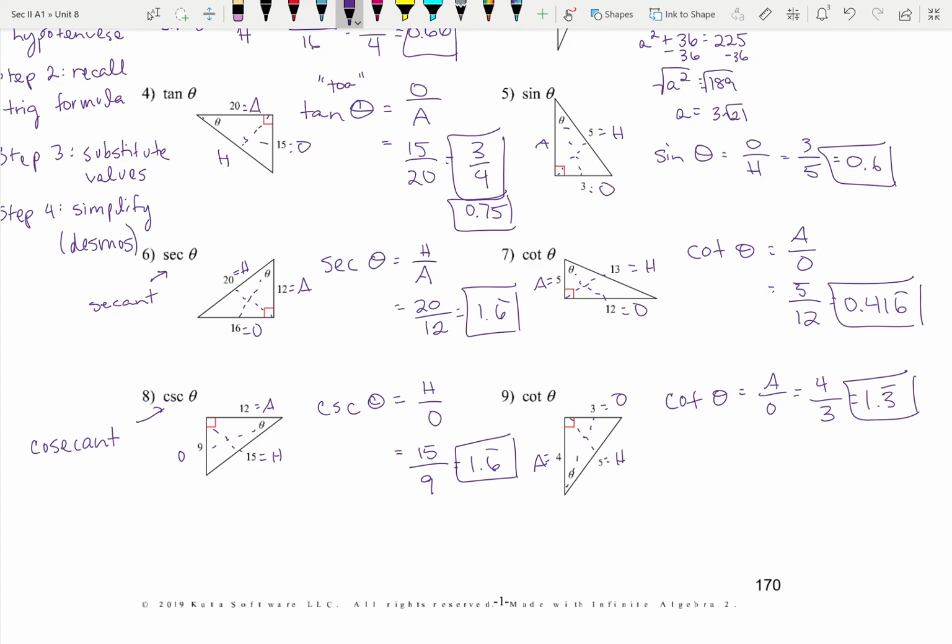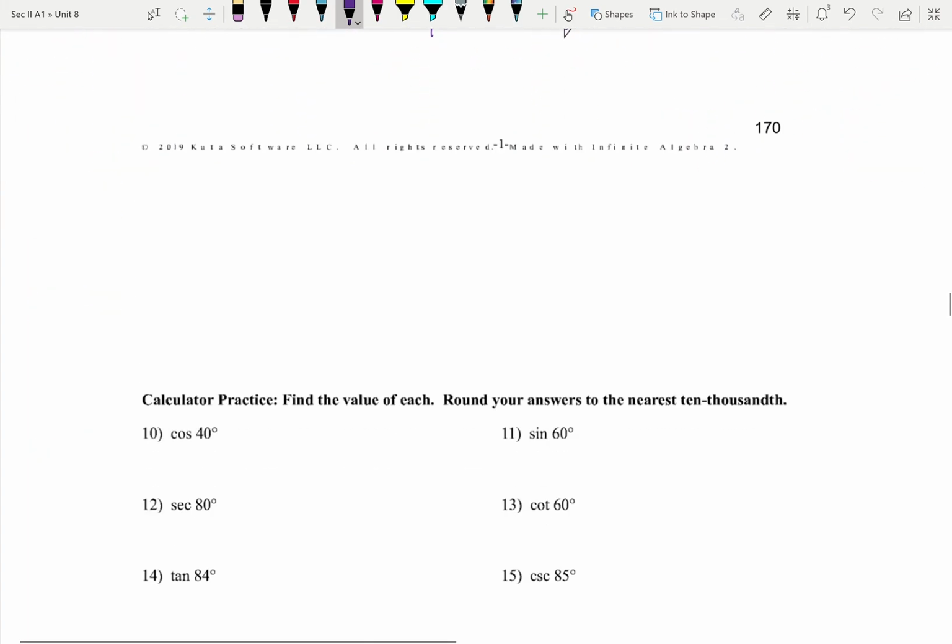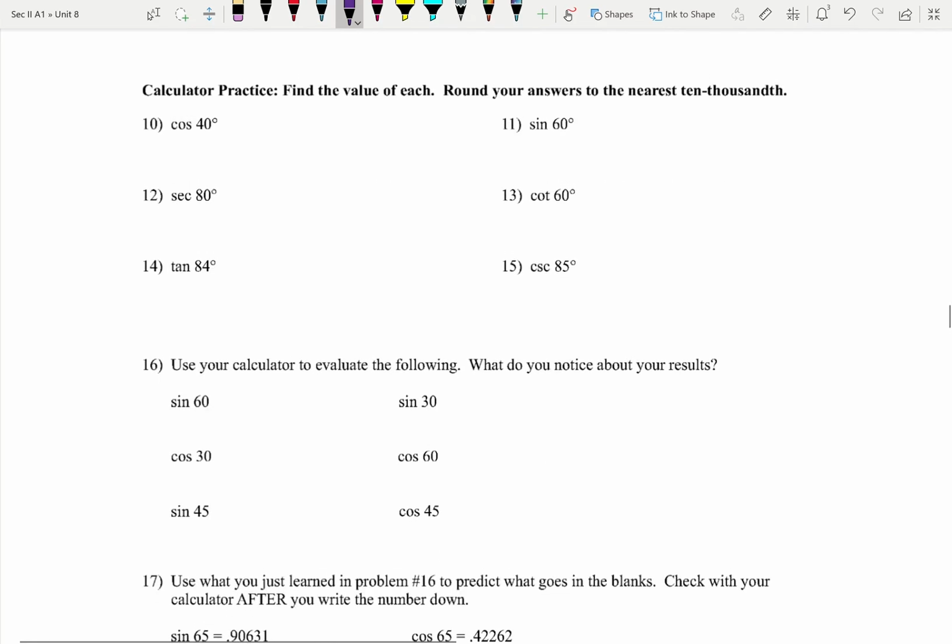Okay, for the next part, this is calculator practice. Later, when we're solving for missing sides, which is what we'll start next time, which is the whole purpose of this, you have to know how to put this in your calculator.